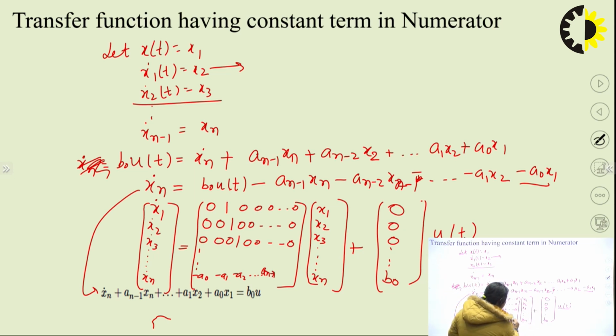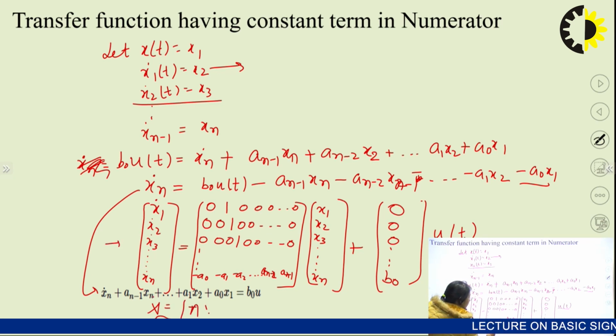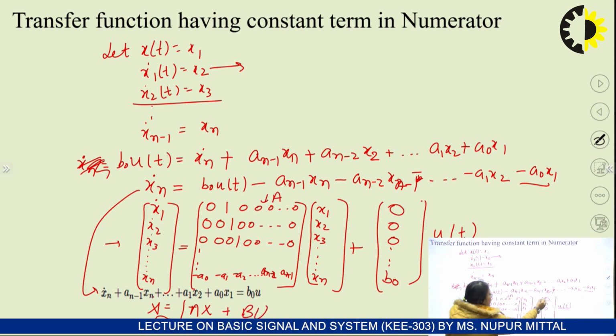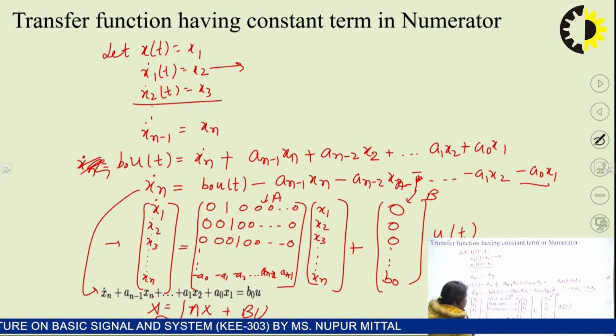So this will be the state model, that is x dot equals Ax plus Bu. This will be the matrix A here and this will be the matrix B here.